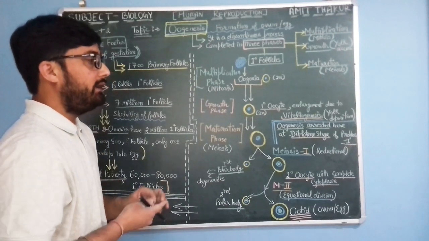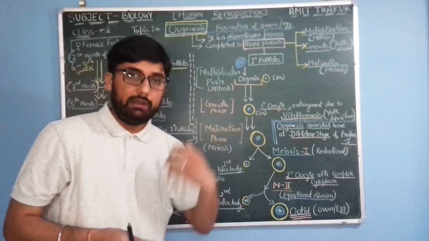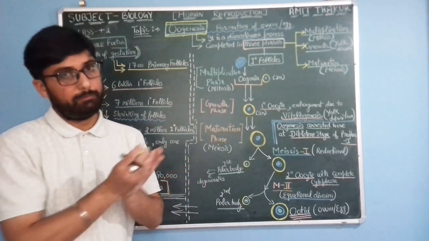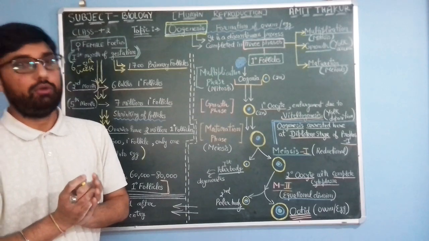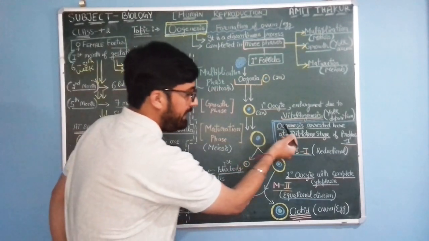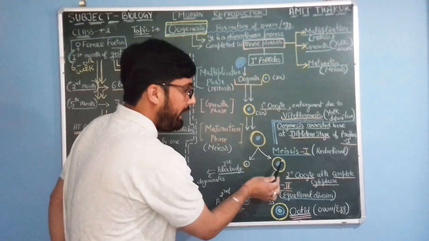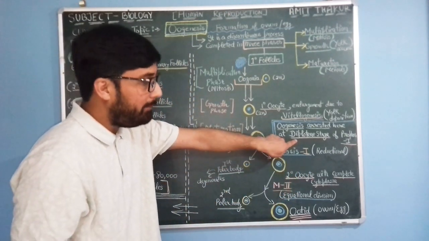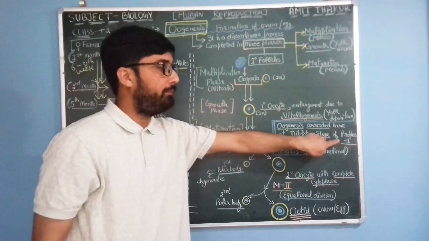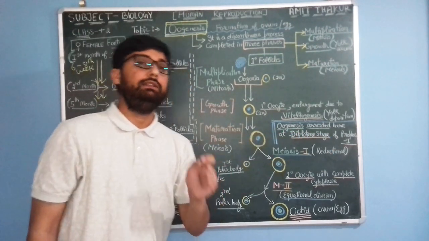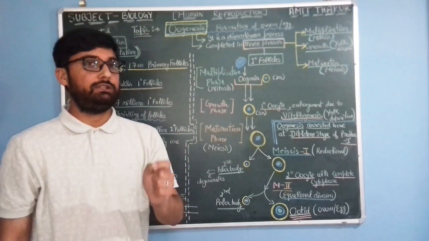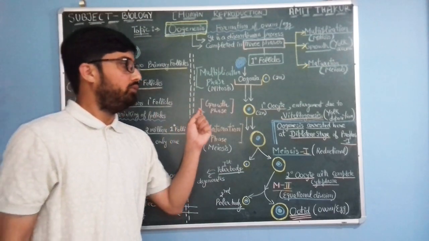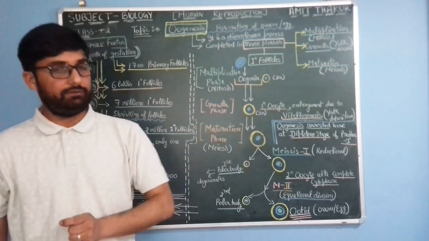That means it would continue only after it gets a male gamete or sperm into the female reproductive body. So this oogenesis is arrested at this stage of meiosis 1, especially at the diplotene stage of prophase 1.